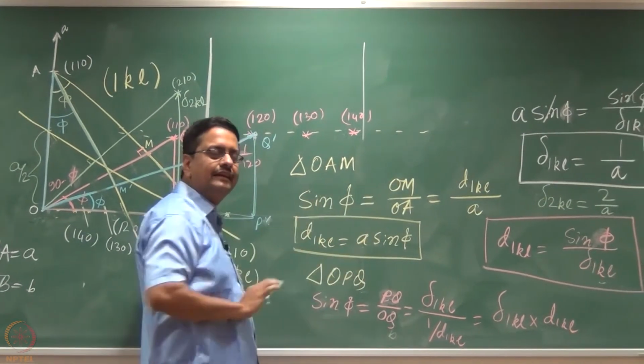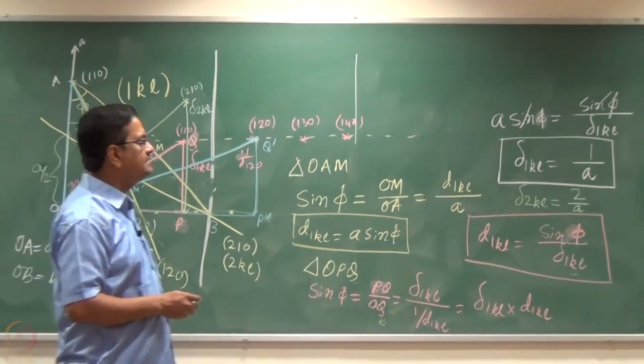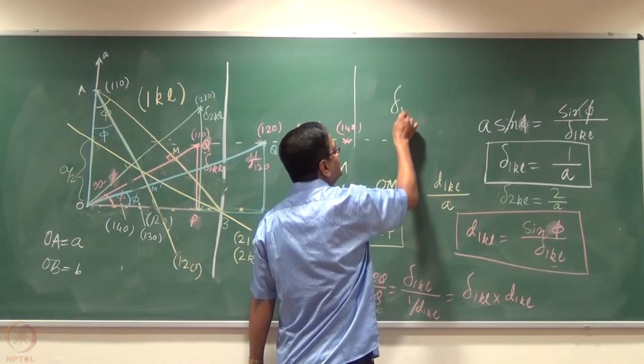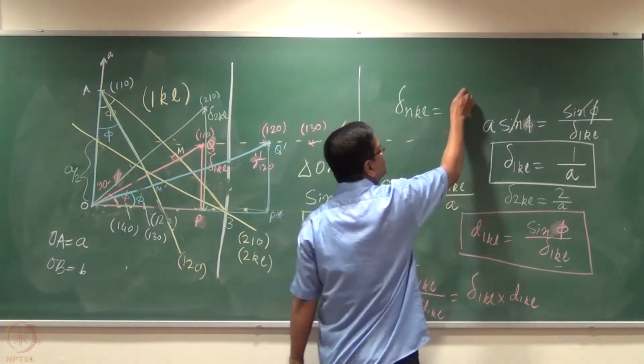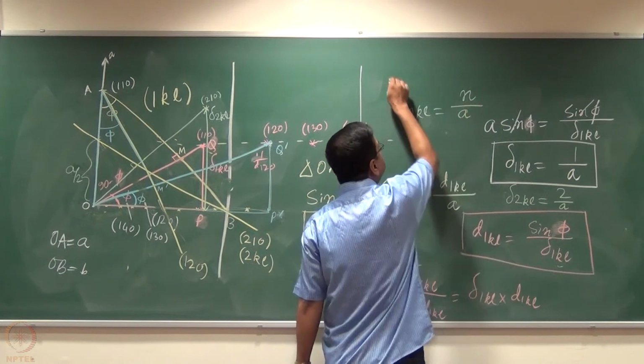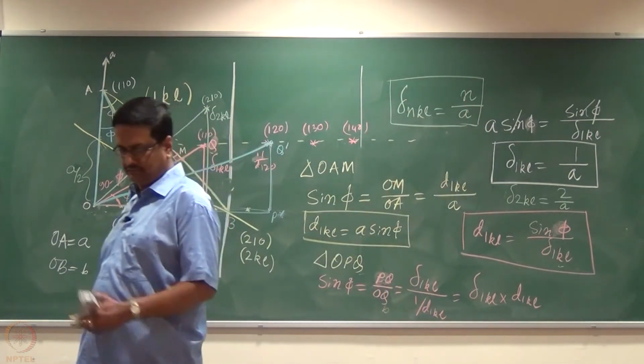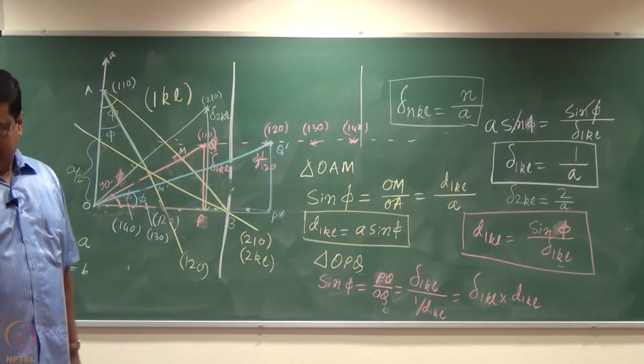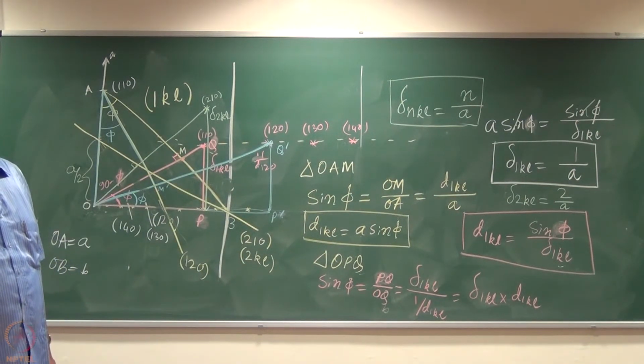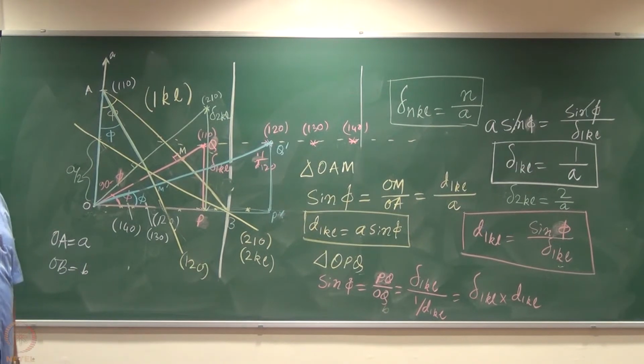So it becomes 2 by A. So in general, delta NKL is equal to N by A. Right?